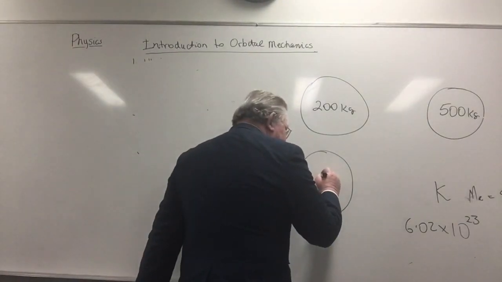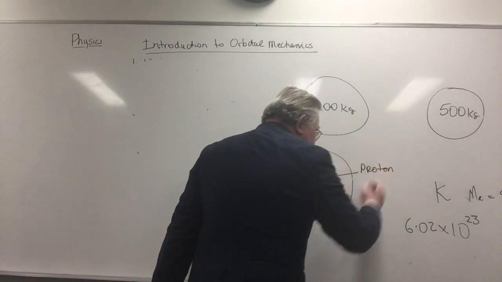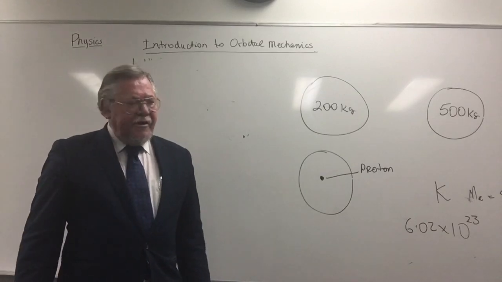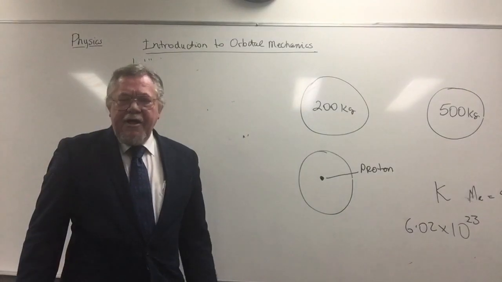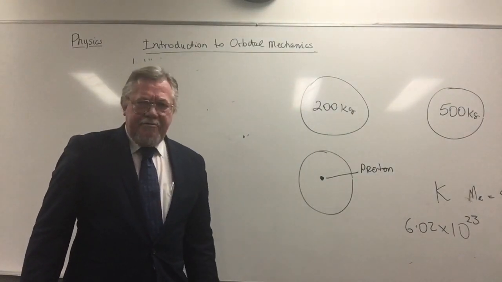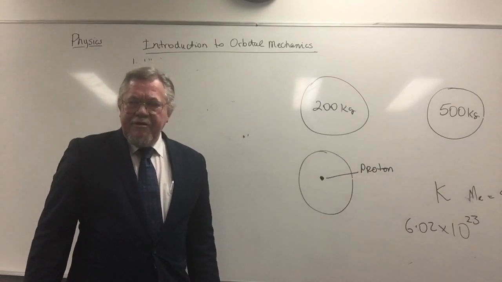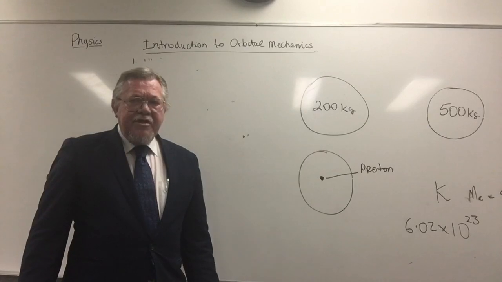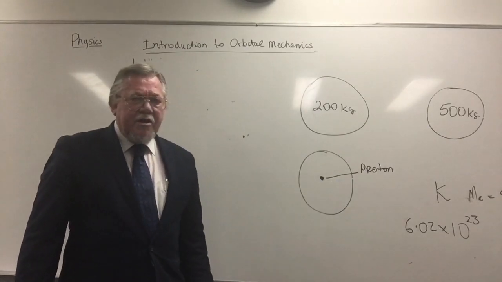Hydrogen has a proton. In this case, this is just normal hydrogen. If we had heavy hydrogen, we could have a neutron as well. So this is a proton. What can we say about protons? Number of protons is the atomic number, yes? Yeah, good.